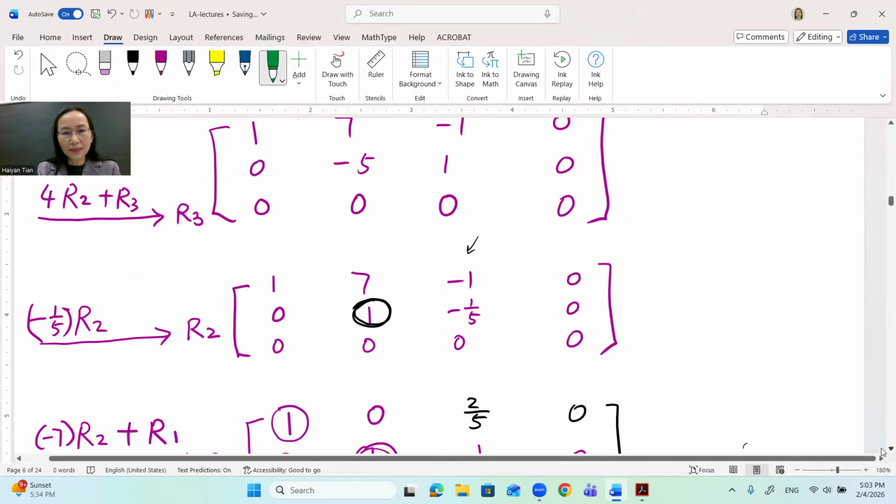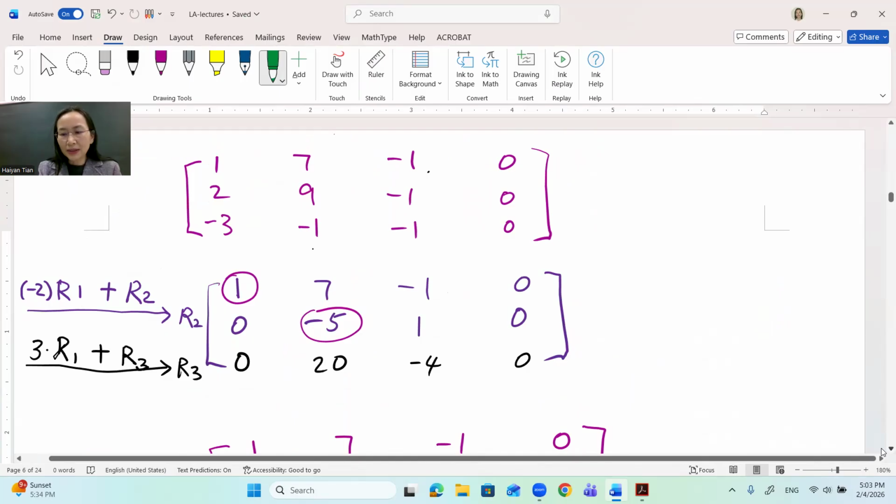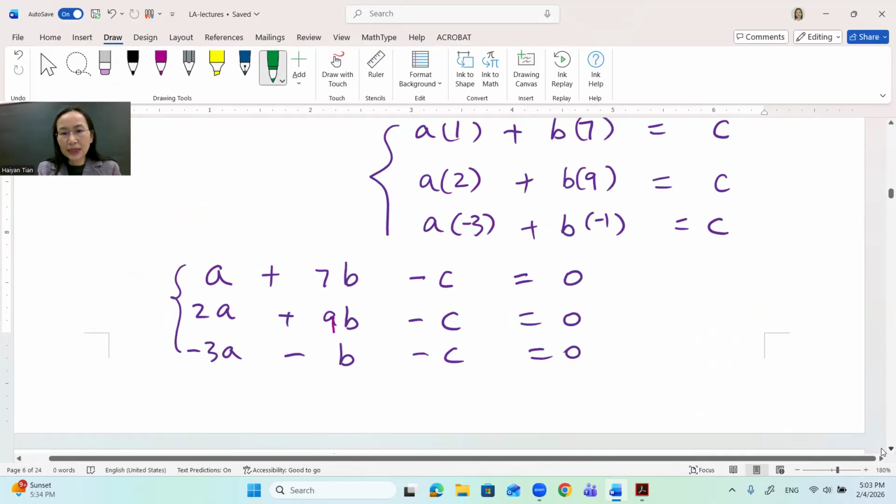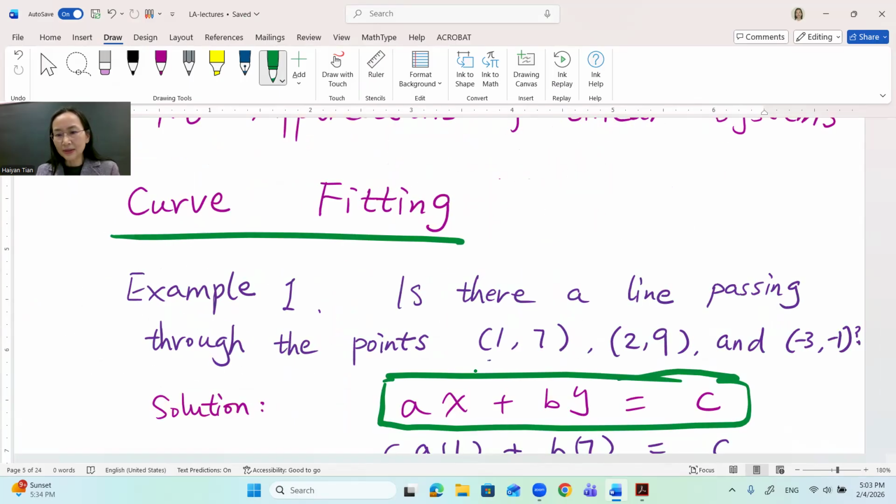Now we can plug these values into our form. Recall that our form of the straight line is AX plus BY equals C, right?